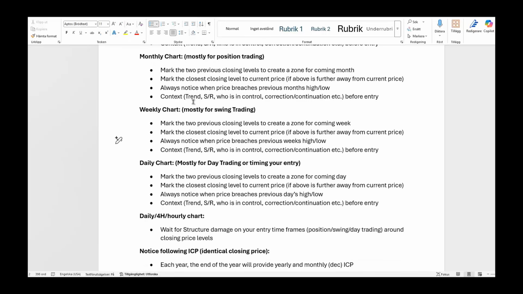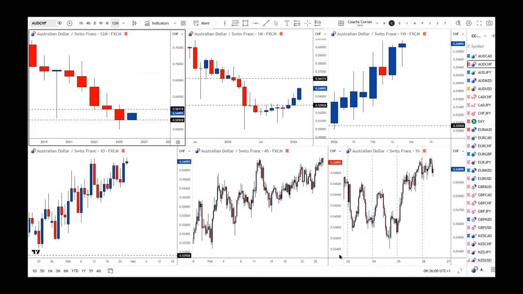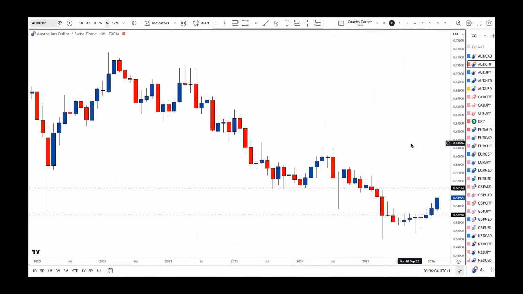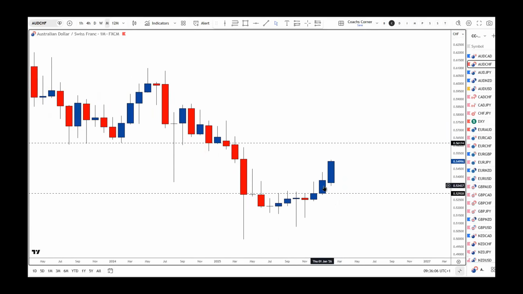Okay, so now you start the month, we are heading toward the month of March. I could just stick with this pair, it doesn't matter. Let's just say that we are actually closing January, and February is just around the corner. We just make this up because this is the February candle.